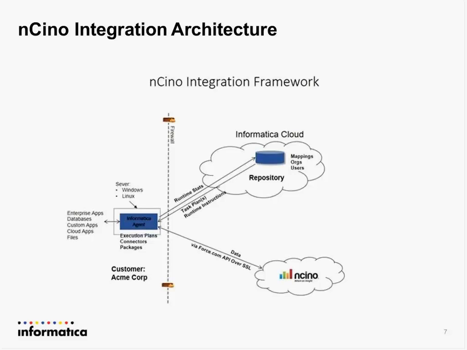So by using the Informatica agent, we tell the customers, look, you put the agent down on your machine, and then the data stays completely behind your firewall in your environment with all the security you have in place that works for your bank, and we can work with your data from development all the way through production.